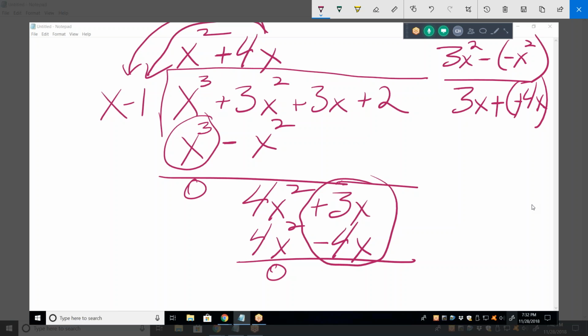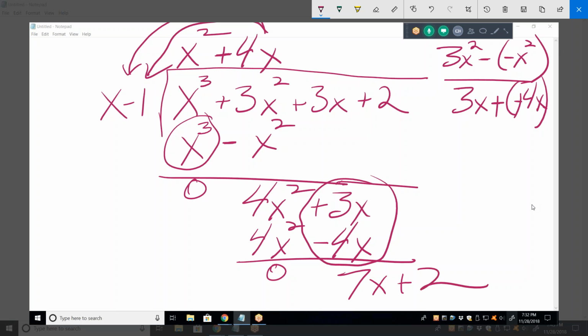Now what is it? 3x plus 4x. So that would be 7x. Next step. Then the next step would be bringing it to the top again. Bring down the 2. The next step is always to bring down the next term.